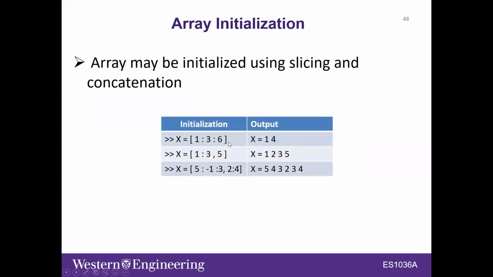Here x equal 1 to 3. Here 1 to 3 to 6. Here equal 1 to 3 and 5. So 1, 2, 3 and 5. Also x equal minus 1 to 3, 2 to 4.